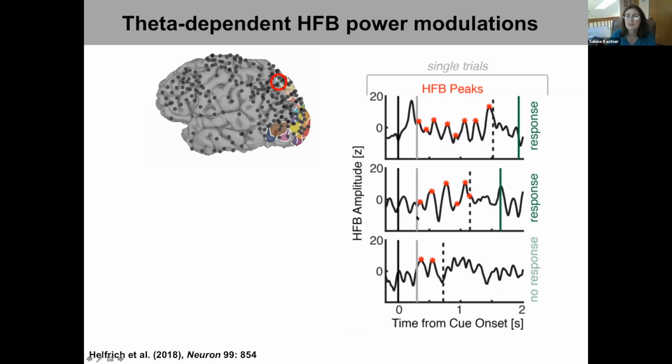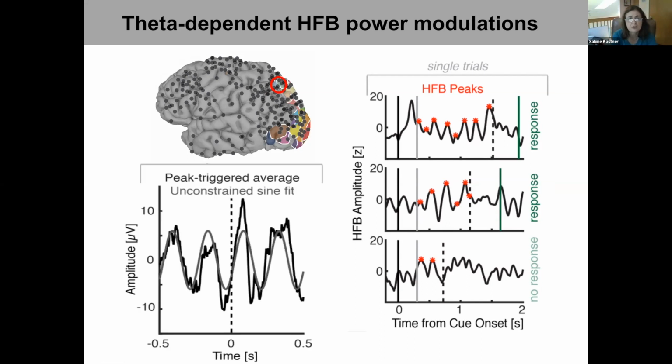So the first question that we had was, what is the frequency of these neuronal fluctuations of the high frequency broadband signal that we see here? And we did a peak triggered average to get at that. What we do here is that we take these peaks and we take the 500 milliseconds before and after, and then we move one peak over and so on and so forth and average across a lot of trials.